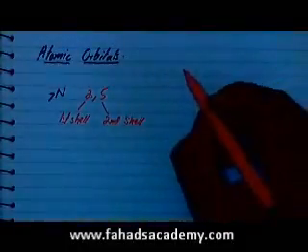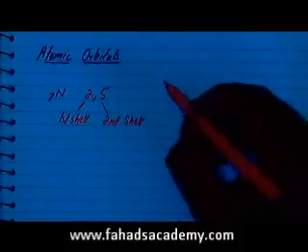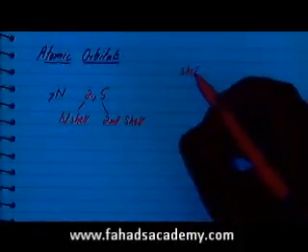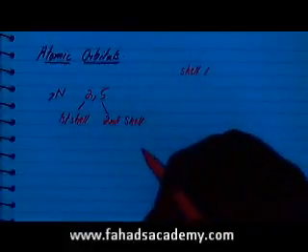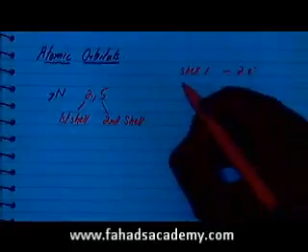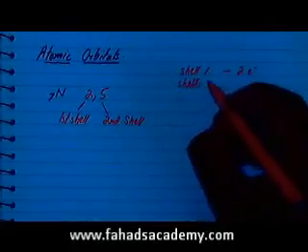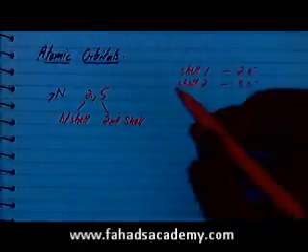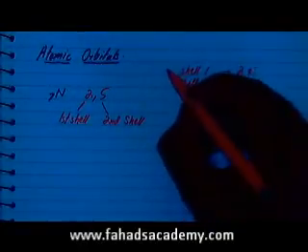Now, there was a simple rule in O levels that electrons were divided into shells. You had shell number 1, the first shell, and it had 2 electrons in it. Then you had shell number 2, which had 8 electrons in it. Shell number 1 was also called the K shell.